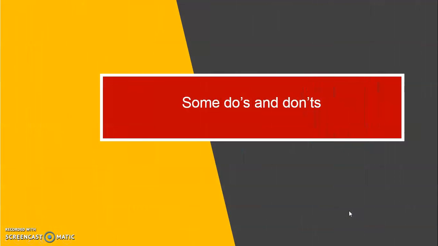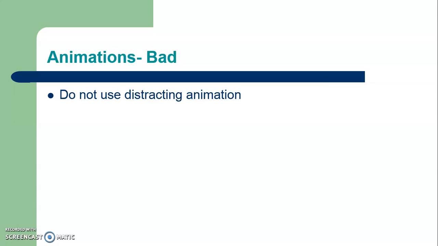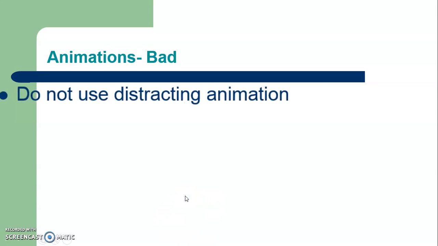Now, these are very quick do's and don'ts that one should remember so that we don't make a mess of our presentation. The first thing being, while we've learned a lot of animations today, let's not make an animation a distracting one. You definitely can explore. There are a lot of options.